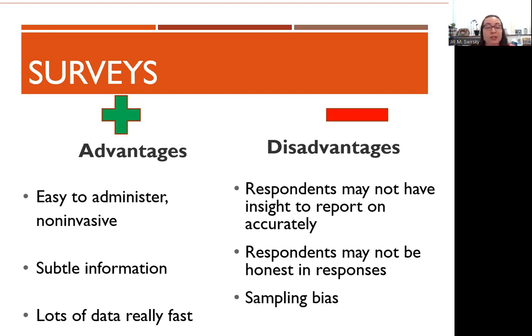Finally, we have something called sampling bias. Think about your course evaluations that you get at the end of the semester. These are a form of survey research. If you absolutely hated a class, you hated the professor, everything about it was a horrible experience for you, you're probably going to be very likely to fill out that evaluation because you feel very strongly.